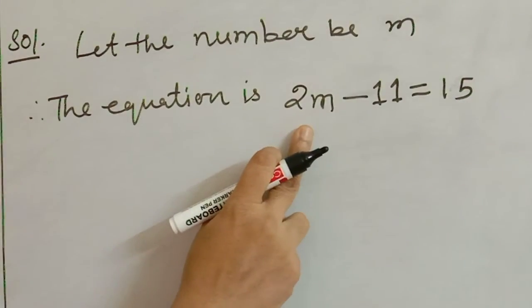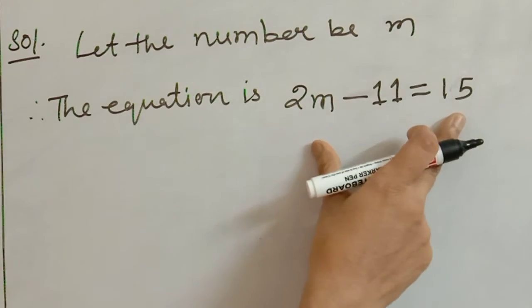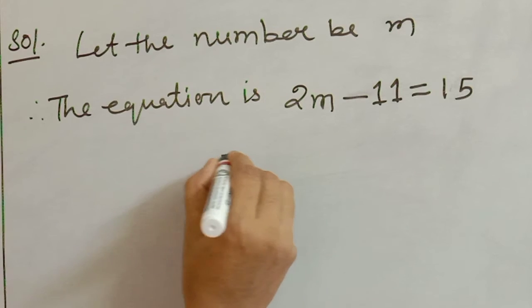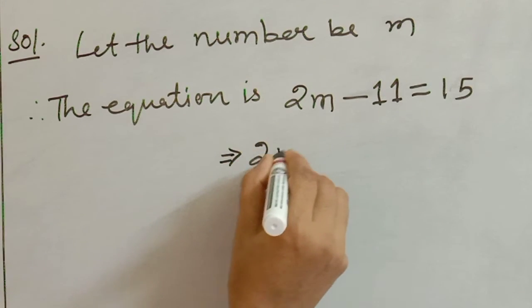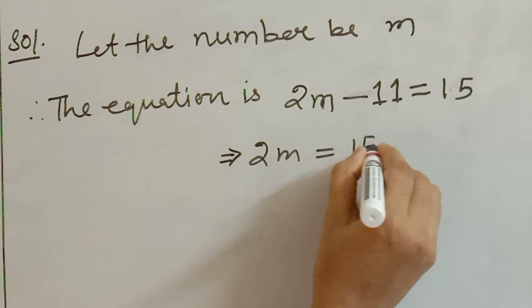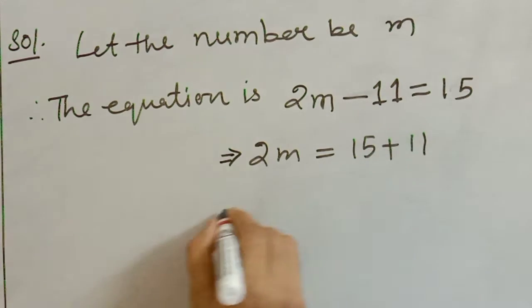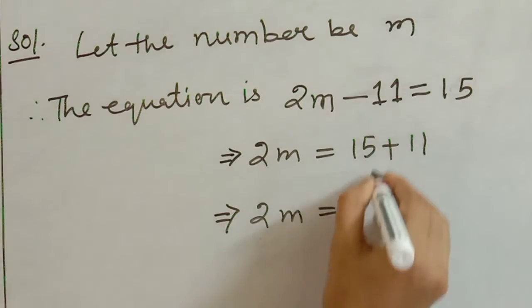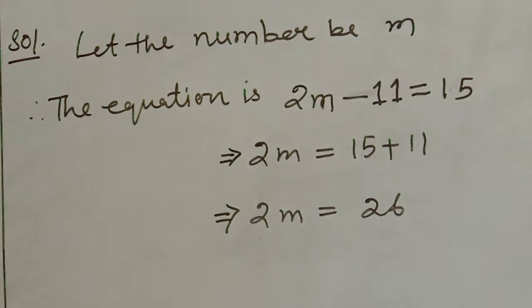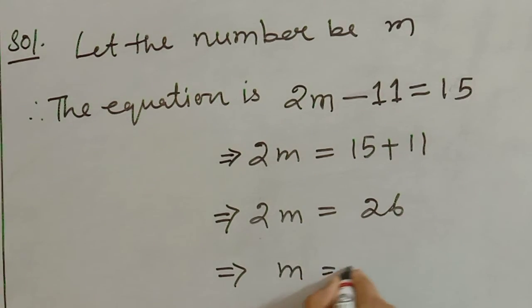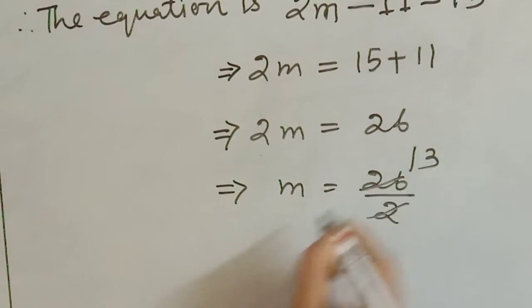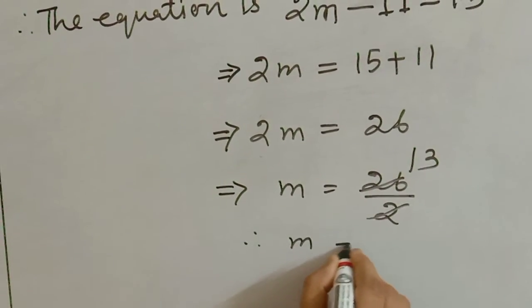You have to find the value of m. First you have to make the equation, then you have to find the value of the variable. Therefore, 2m is equal to 15 plus 11. 2m is equal to 26. Therefore, m is equal to 26 by 2, 13. m is equal to 13.